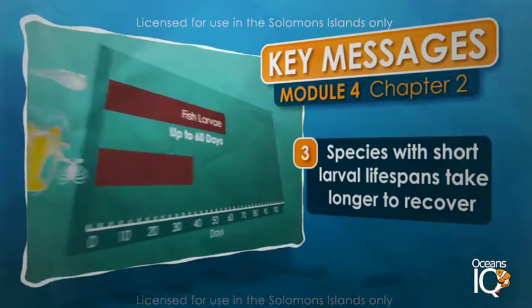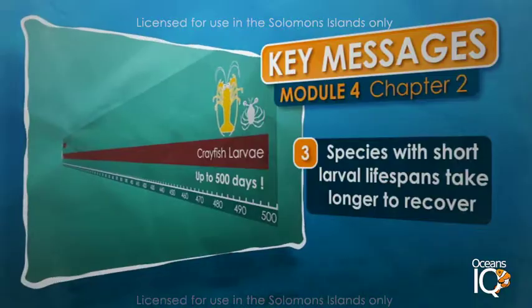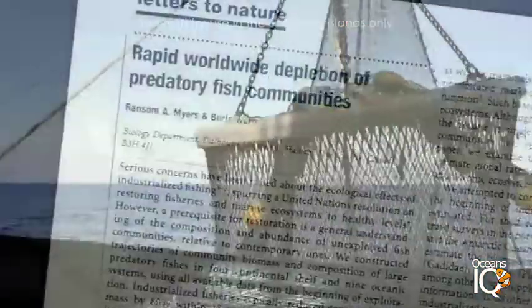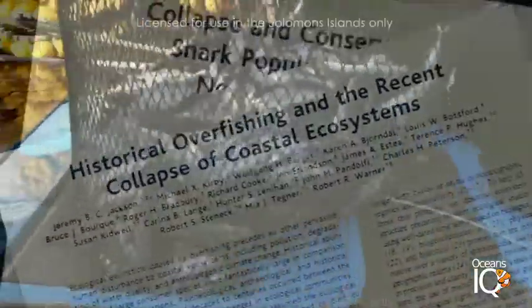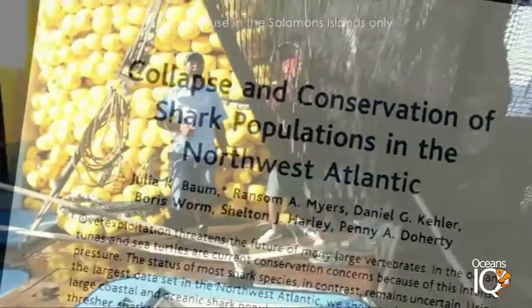Species with short-lived larvae will take longer to recover their populations in overfished areas. In the next and final module, we will learn how human populations have impacted populations of marine animals through time, and how we can use this knowledge for management of marine resources now and in the future.